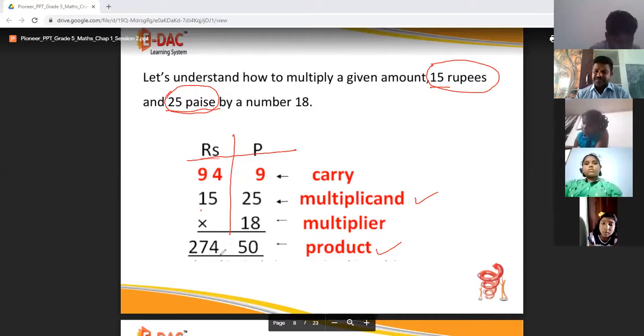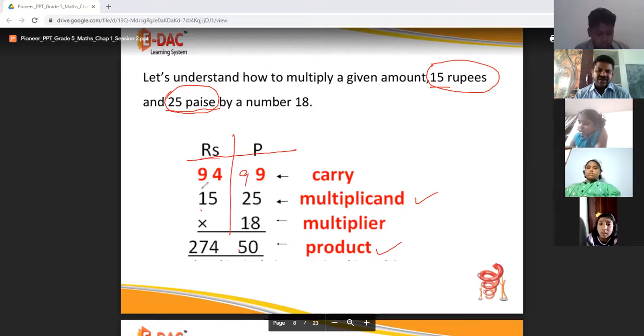How to multiply now? You know the multiplication process. If you know the 18th table directly, it is good to say the 18th table. Otherwise you can say the 8th table and the 1 table. So he did it using the 18th table. 18 5s are 90. So he has written 0 in the ones place and 9 is a carry. 18 2s are 36 plus 9 is 45. 5 is written and 4 is carried to the hundreds place. 18 5s are 90 plus 4, 94.